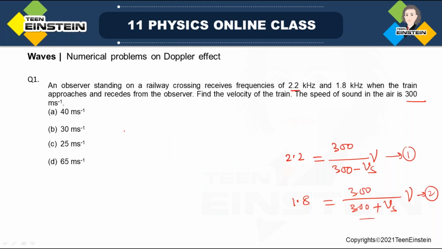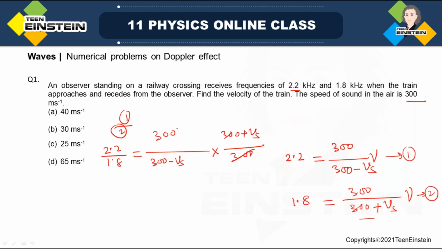Look, we have got these two equations, so I can just take the ratio. 2.2 divided by 1.8 equals 300 divided by 300 minus Vs, over 300 divided by 300 plus Vs. Nu will go off from both sides, and 300 will also cancel. Reducing 2.2 by 1.8, we get 11 by 9.